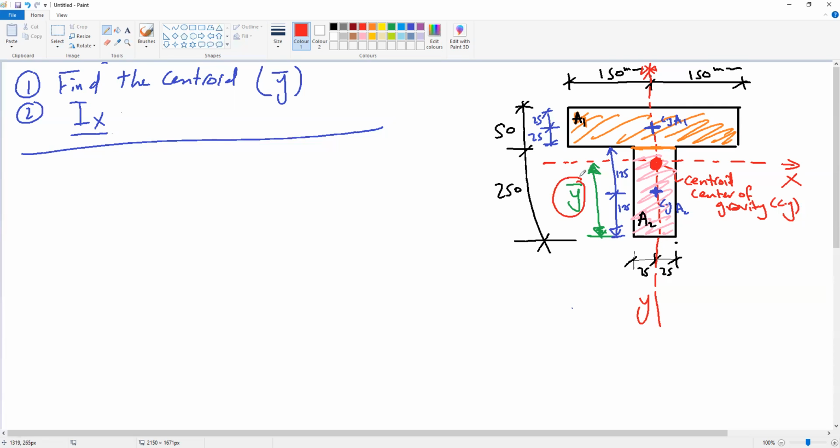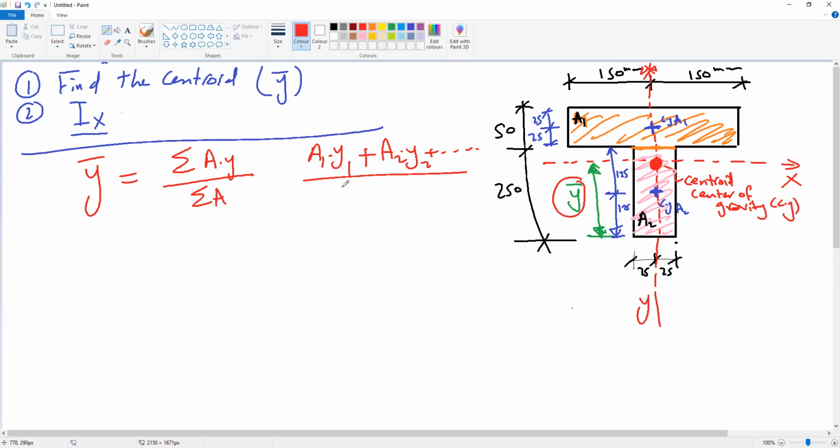To find Y bar, we use this formula: Y bar equals summation AY divided by summation A. This means we multiply each area by its own coordinate, like A1 Y1, A2 Y2, and so on, divided by the summation of areas A1 plus A2, and so on if we have more than 2 areas.